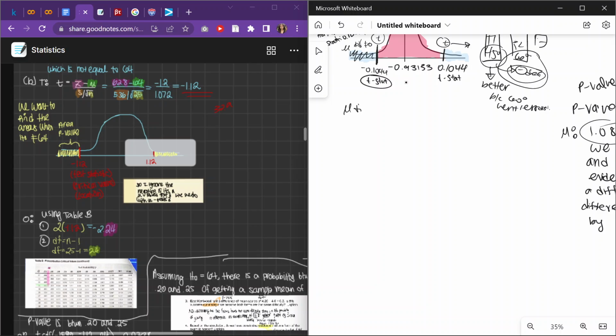That looks like a 6. Okay, not being equal to 0. This is our alternative hypothesis, that there is a difference.